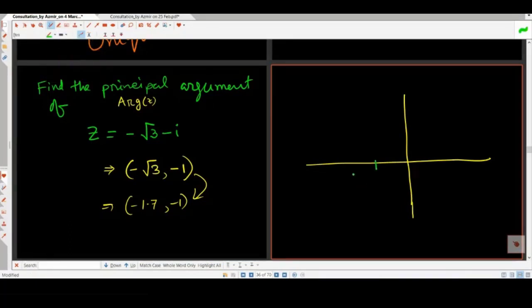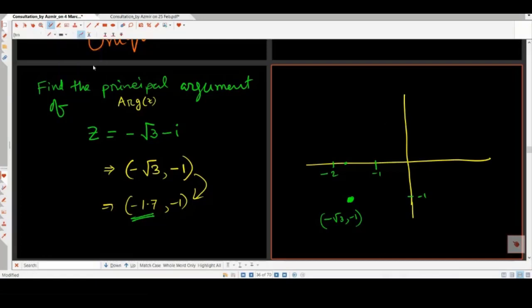So it is negative 1, negative 2, negative 1. So negative 1.7, negative 1.7 will be here, and then negative 1. So now this is our point, negative root 3, comma, negative 1.